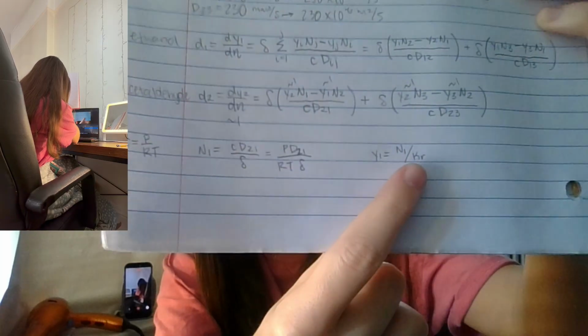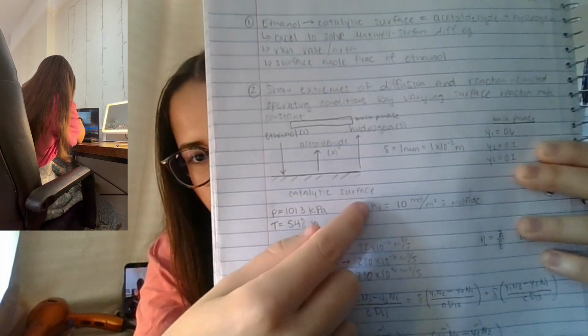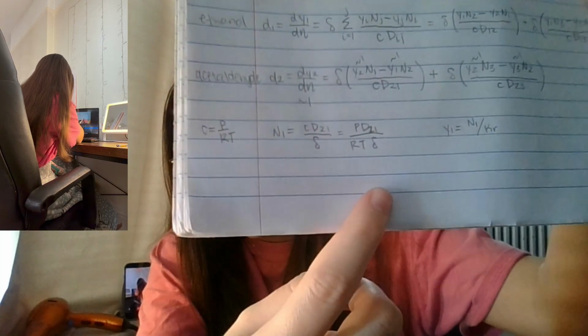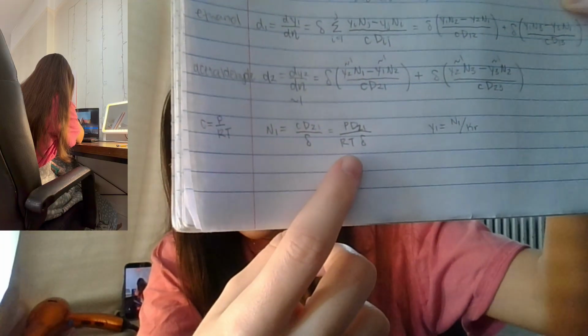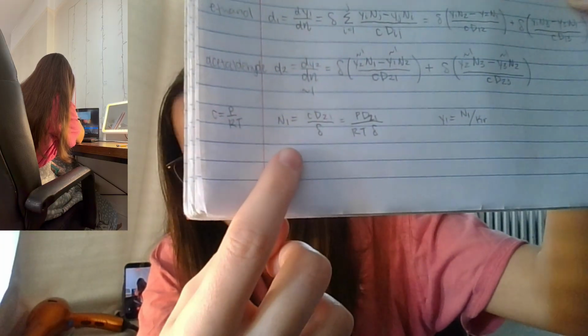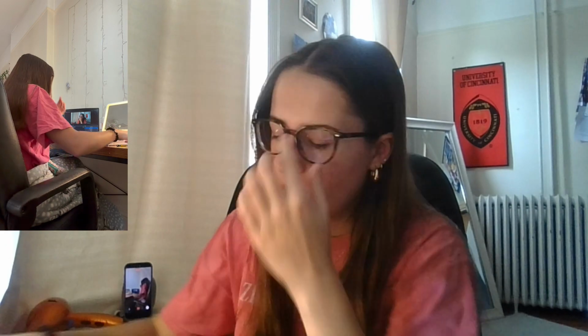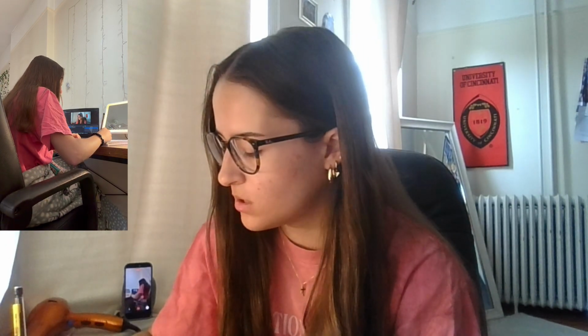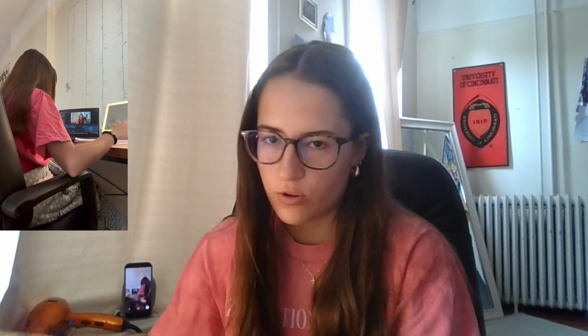So this is represented here. The flux of 1 divided by that first order reaction rate, which we had decided here, and then that was our plugged in guess for flux of 1. And then we're also going to just define Y1 as being 0.5, so mole fraction of 0.5. This is once again just another guess.